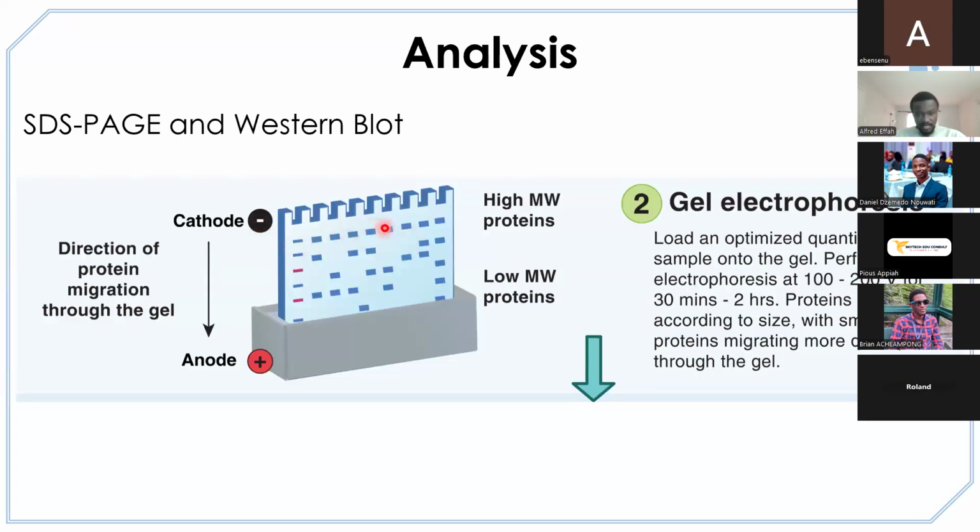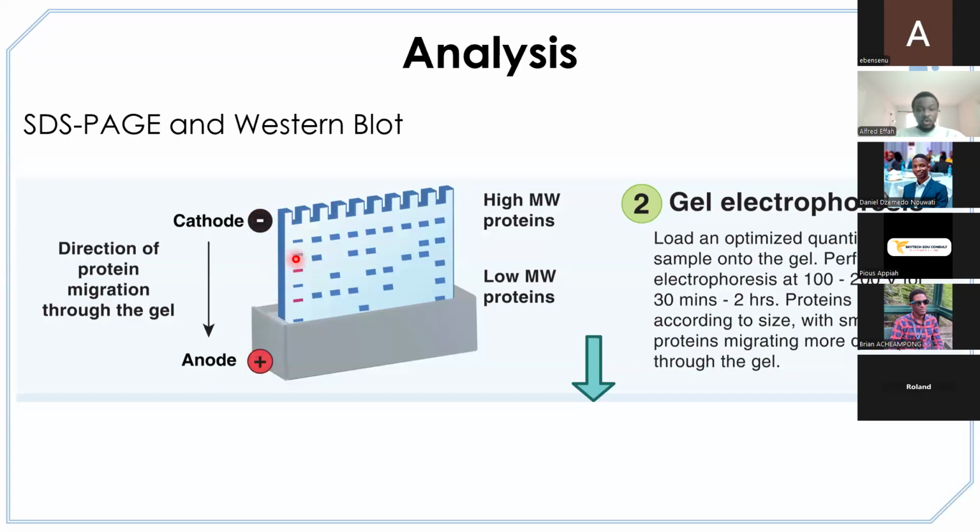So let's say this is sample 1, sample 2, sample 3 in that order. This is our ladder. Now we load everything. Because we use SDS, all the proteins now have a strong negative charge. It means that when you subject them to voltage, they are going to migrate from the negative portion to the anode, which is the positive side.